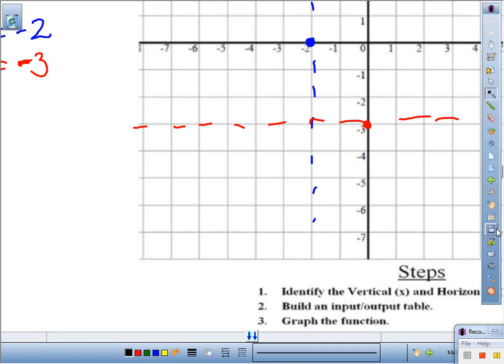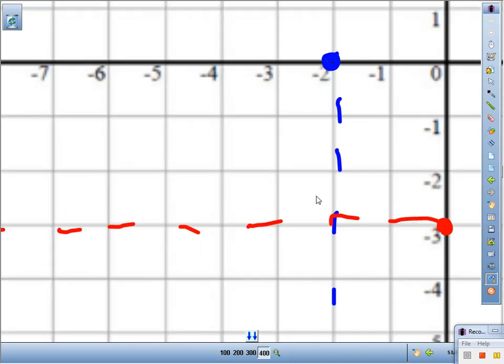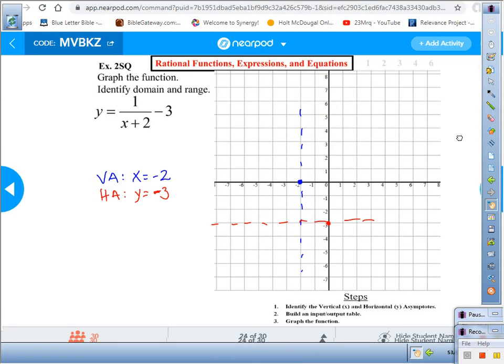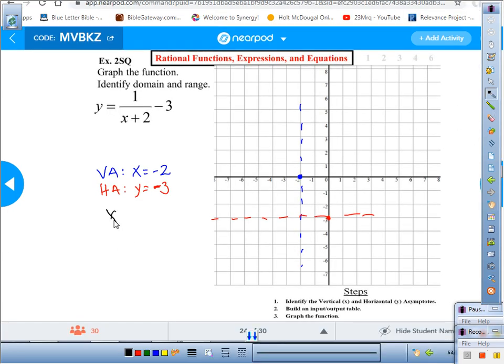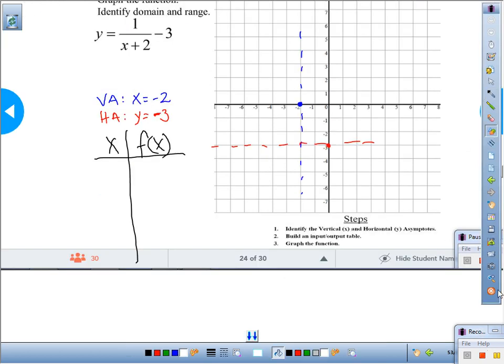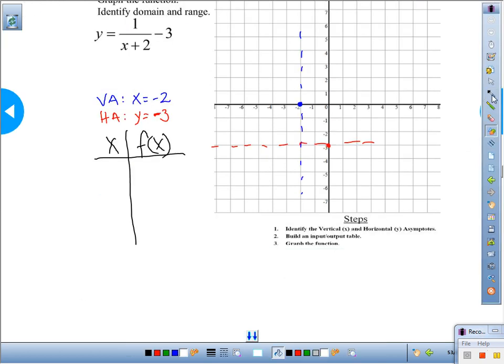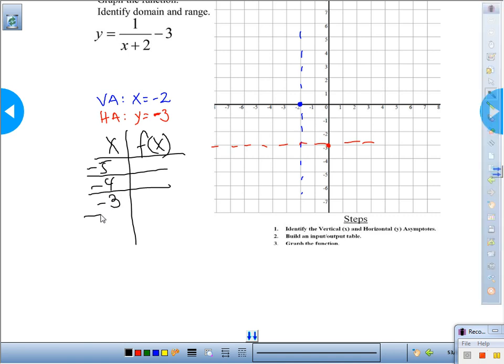All right? So, let me zoom out. Our table. We got x, f of x. Let's see, Clarissa, what x values did you use? Negative 5, negative 4, negative 3. Hands if you wrote those down. Yes. How about for the positives?